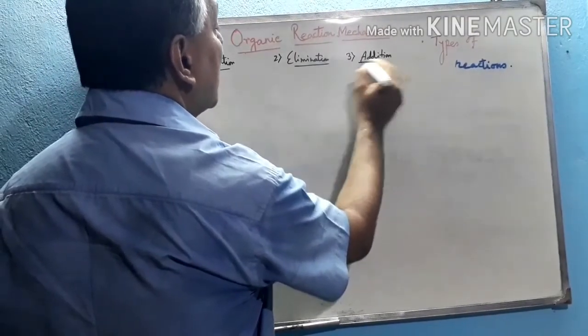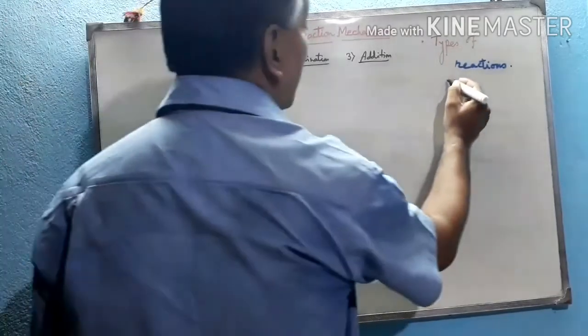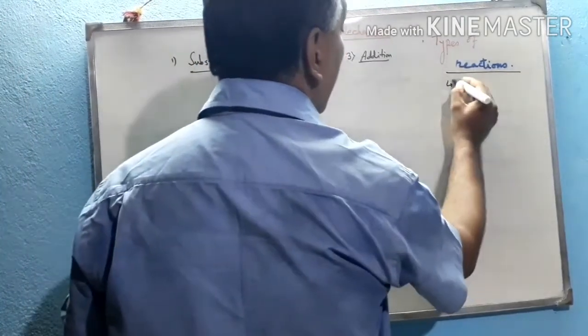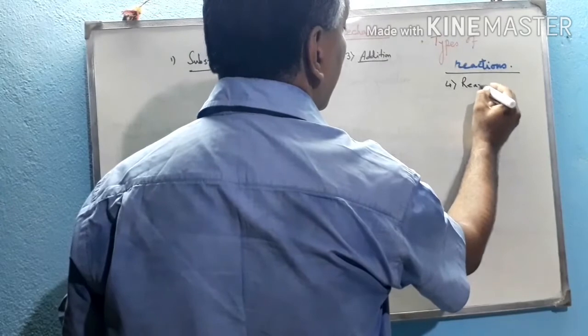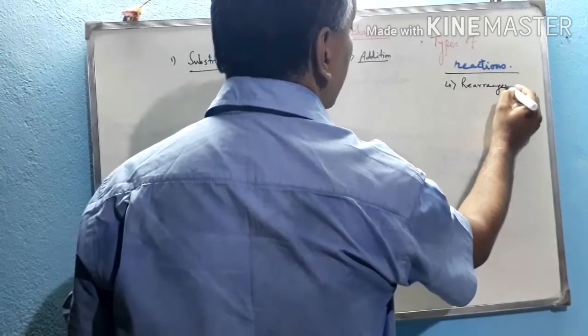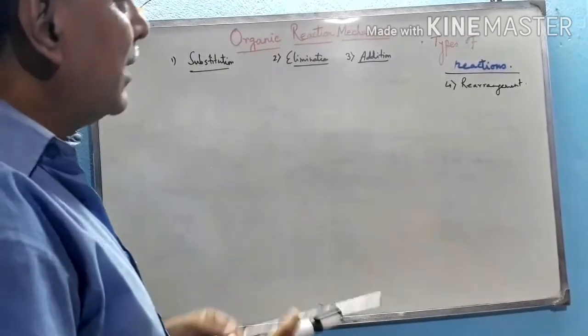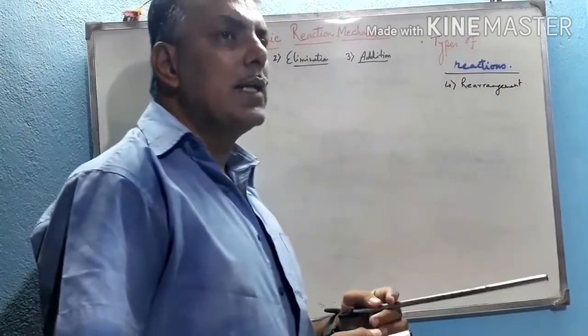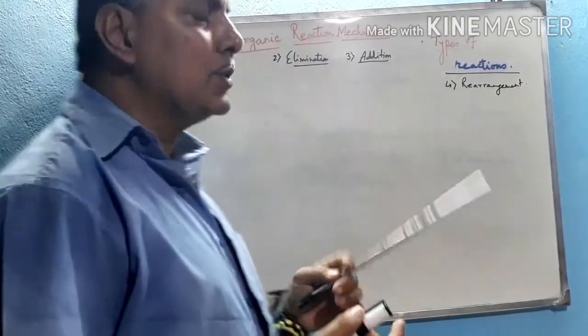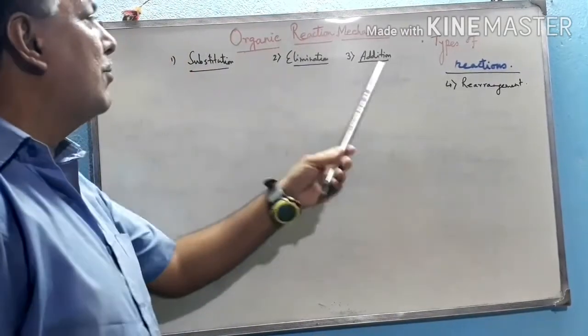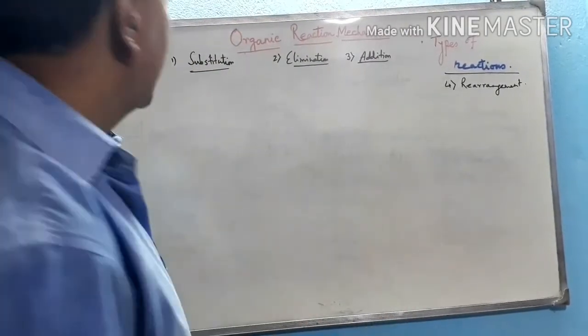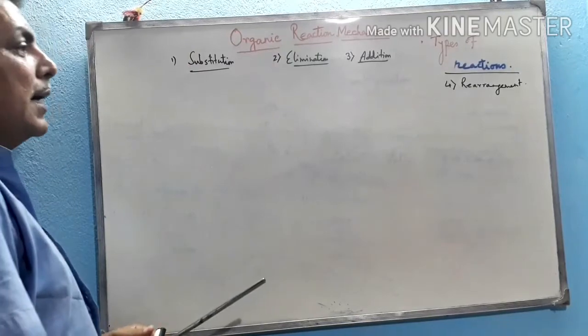And number 4 is rearrangement. So out of these 4 types, rearrangement occurs only in case of maximum 5% reaction. So maximum reactions are of either of these 3 types: substitution, elimination and addition.